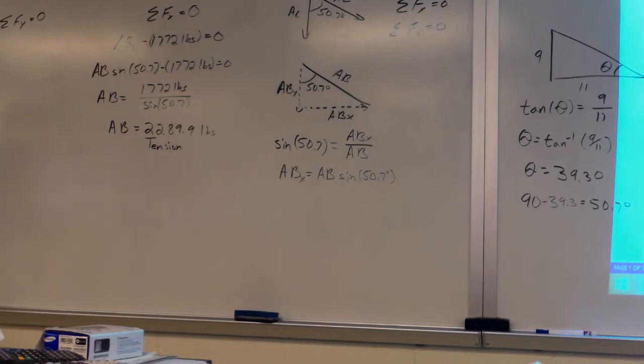Up, so positive. Sorry, that was like X. And then is AC going to be positive or negative? Negative AC. And is ABY going to be positive or negative? ABY is pointing down, so it's going to be negative.